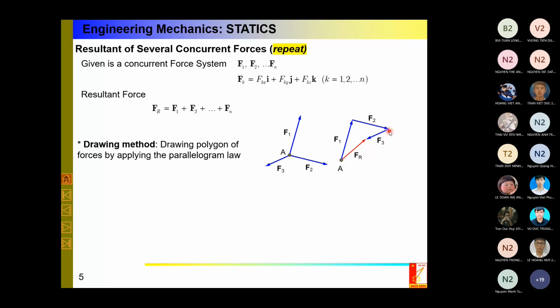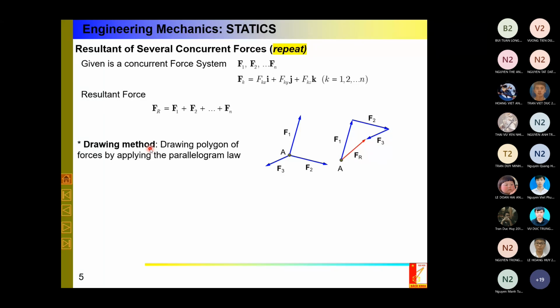Then I bring F3 here, giving another parallelogram. But there is no need to draw the parallelogram. It is enough to bring F1, F2, and at the end F3 in a parallel way from the original picture. The vector closing this polygon gives us FR. I can prove it very easily by the parallelogram. So it is the so-called drawing method.